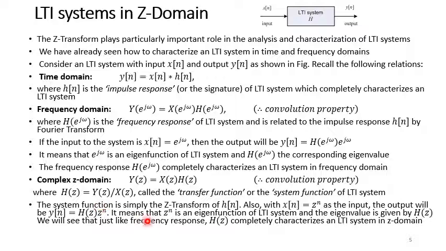So for the z transform it is also the same: z to the n is an eigenfunction of the LTI system, and the system function or transfer function H of z is basically the eigenvalue of the system, right? So just like the frequency response and impulse response, H of z also completely characterizes the LTI system in z domain.